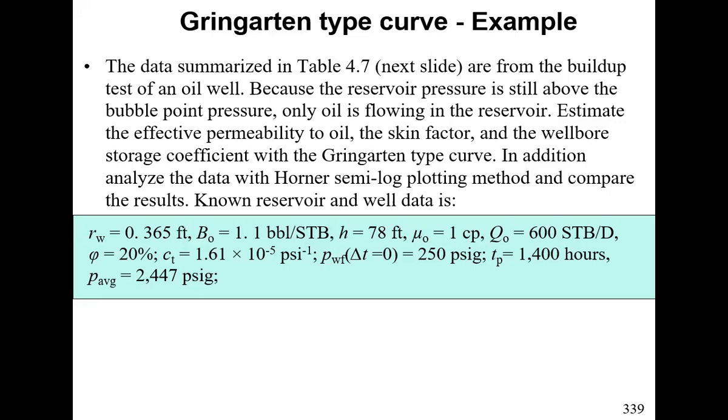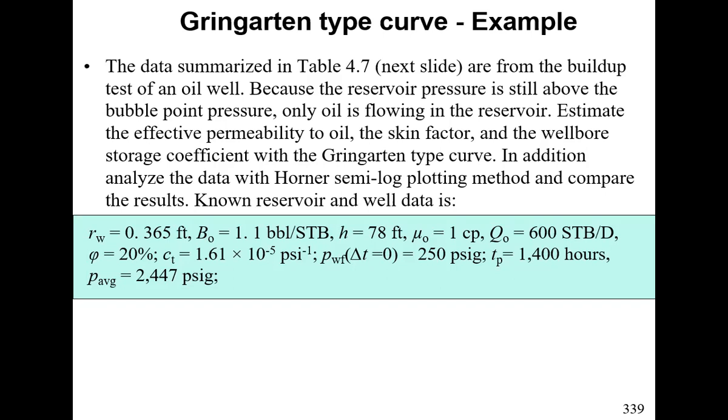Because the reservoir pressure is still above the bubble point, only oil is flowing in the reservoir, so that's single phase flow. Estimate the effective permeability to oil, the skin factor, and the well-bore storage coefficient with the Gringarten type curve. In addition, analyze the data with the Horner semi-log plot method and compare your results.